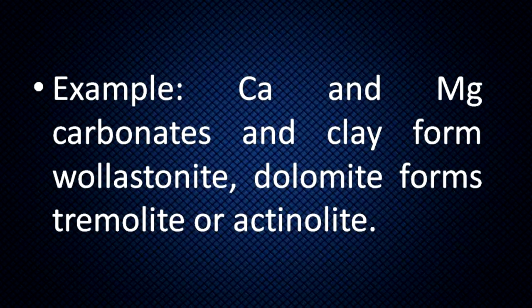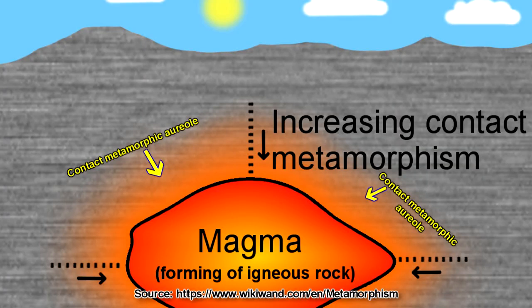For example, calcium and magnesium carbonates and clay minerals together form wollastonite, and dolomite forms tremolite and actinolite. They are formed as a result of baking effect. These changes form around the intrusives called a contact metamorphic aureole. As I said earlier, they give rise to a baking effect.